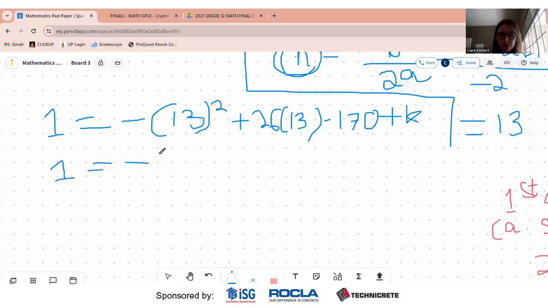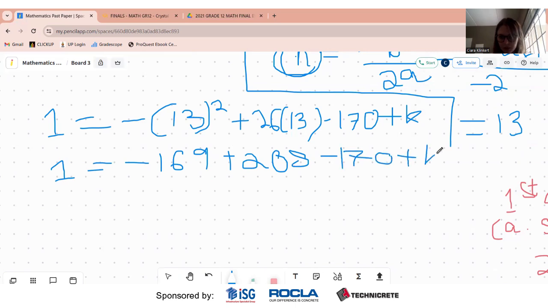13 squared is 169. So this is minus 169. 26 times 13, I'm going to pop in the calculator. I get 208. Okay, minus 170 plus k. So now I put minus 169 plus 208 minus 170.